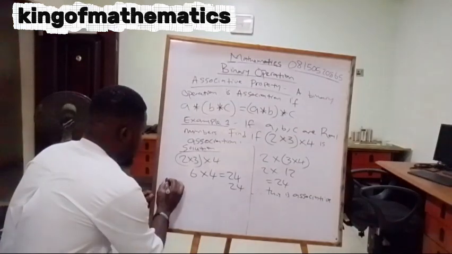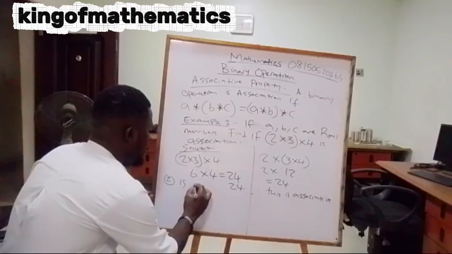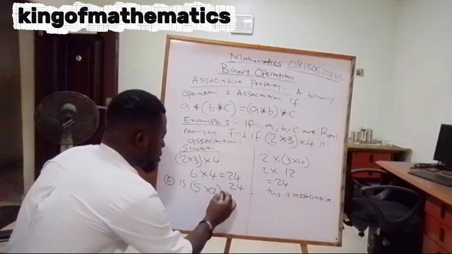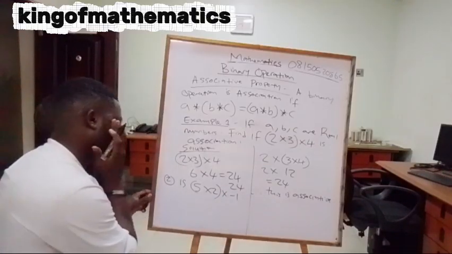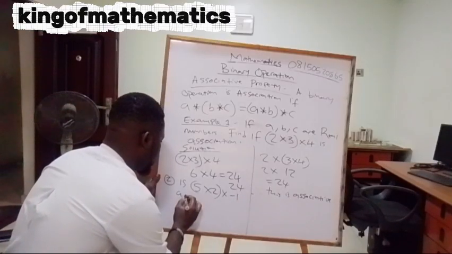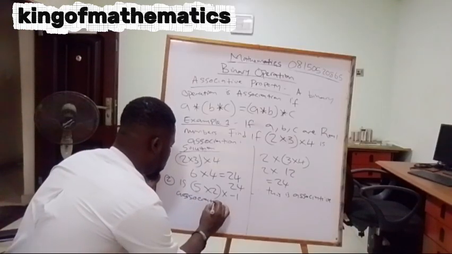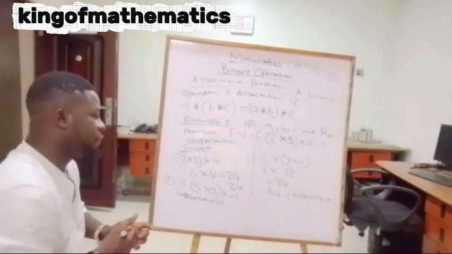Example 2: is 5 times 2 minus 1 associative?